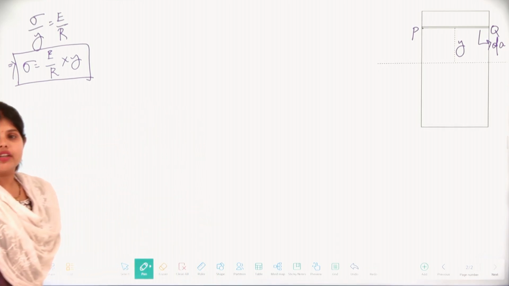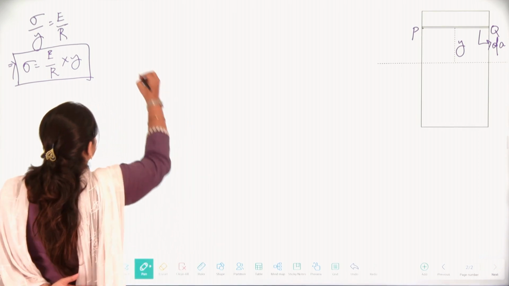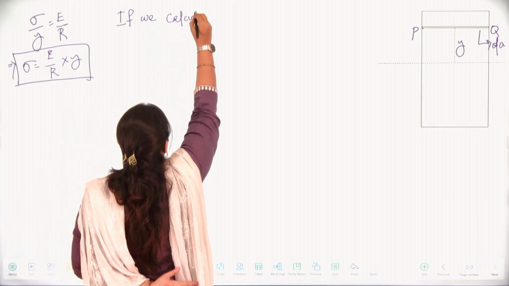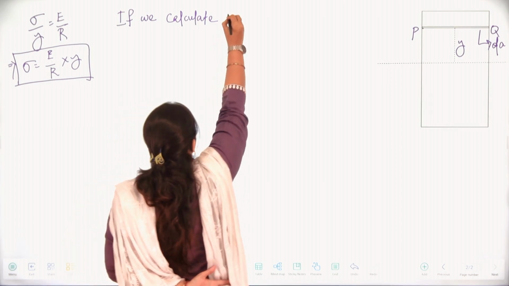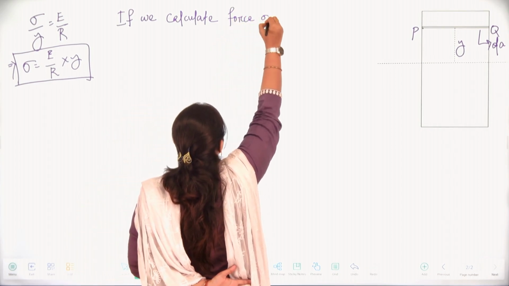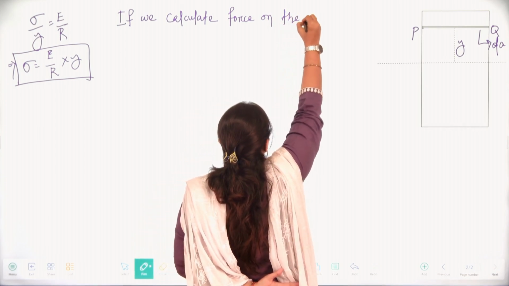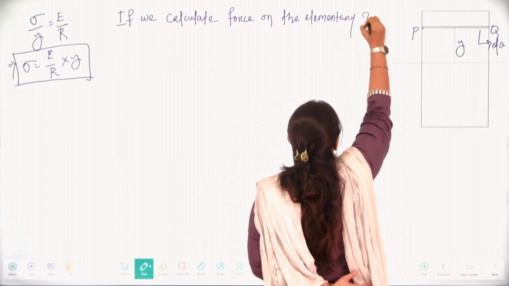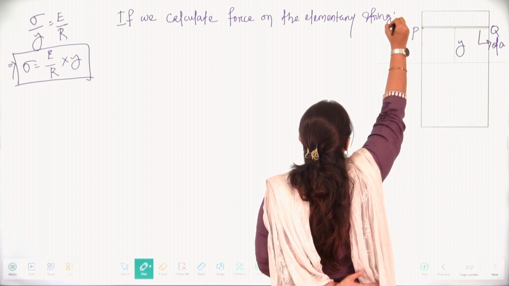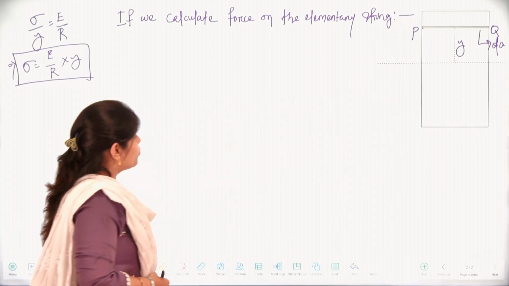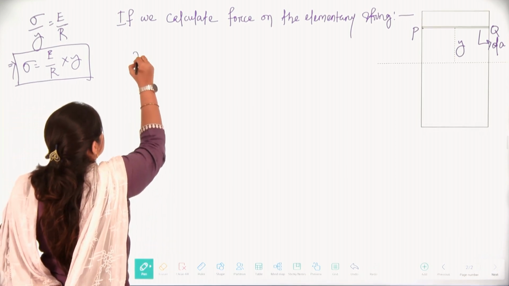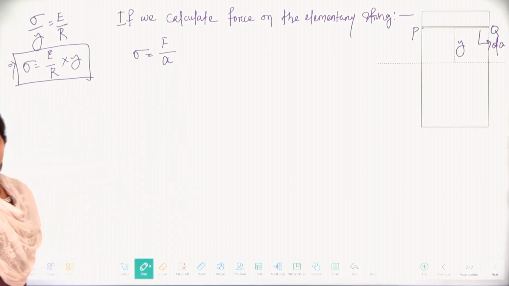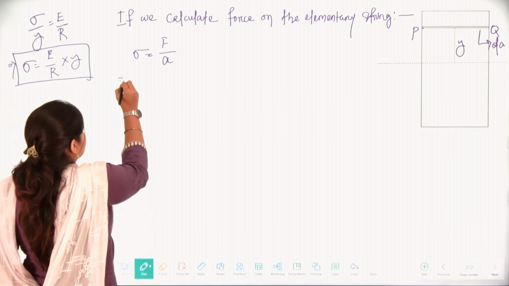If we calculate the force on the elementary strip, we know that stress equals F upon A, force by area.